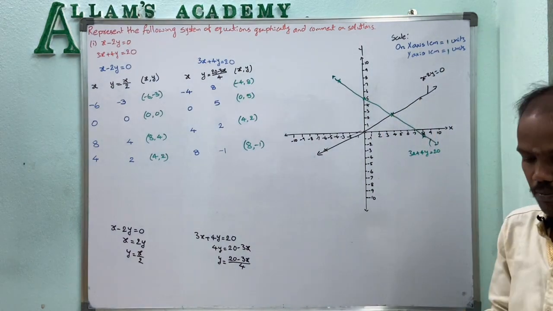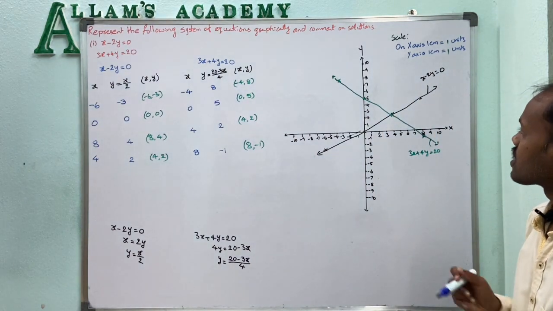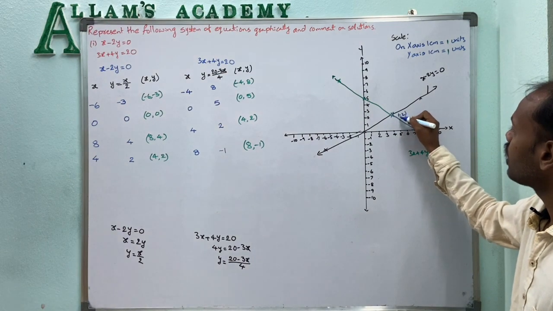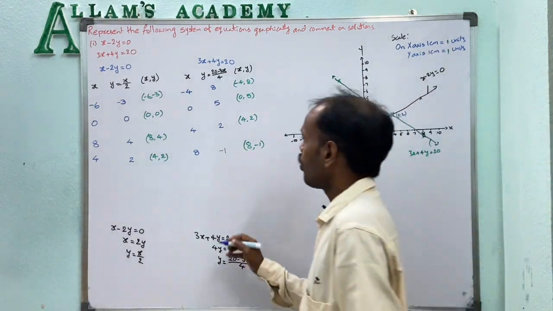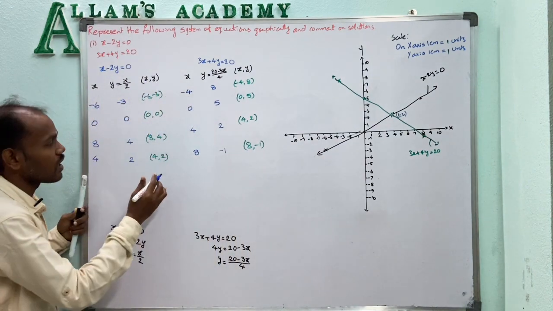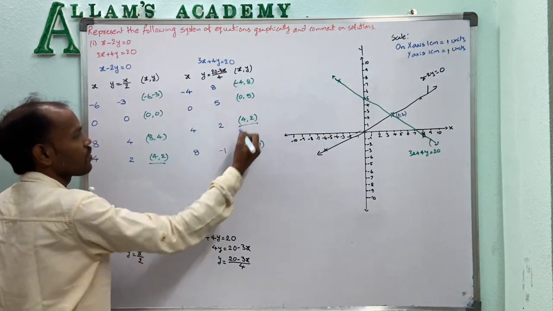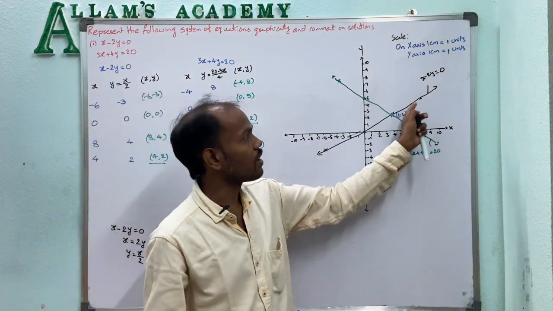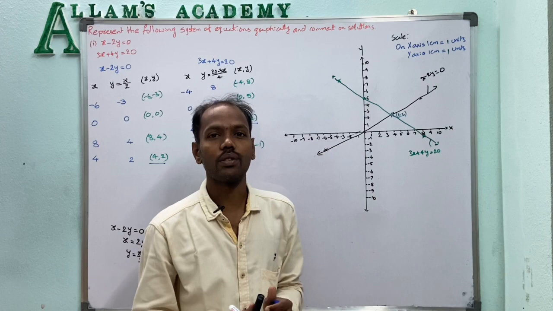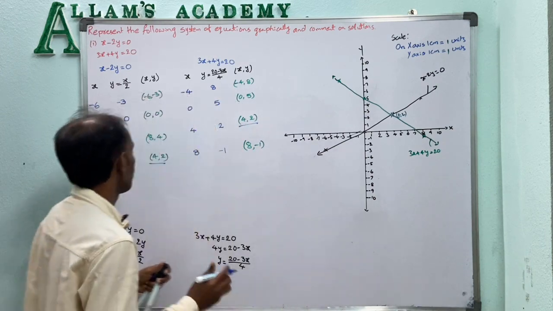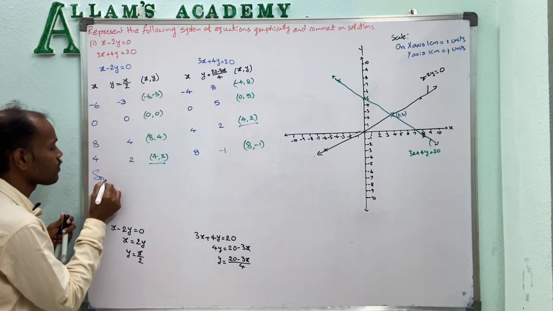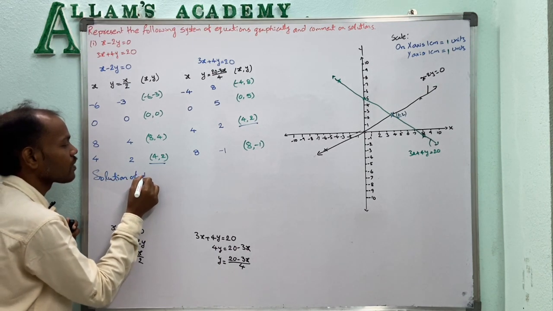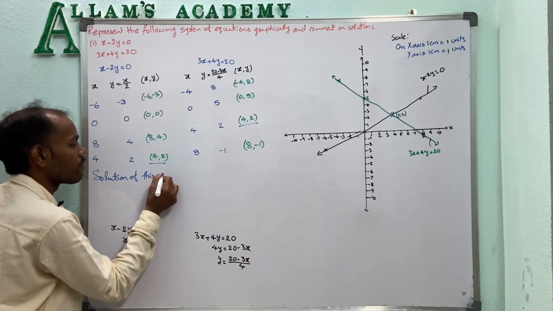Now if we observe both the equations, they meet at the point 4, 2. In graph solving also, we observe that 4, 2 came, so both the pair of linear equations meet at 4 comma 2, which means that is the solution of this problem.